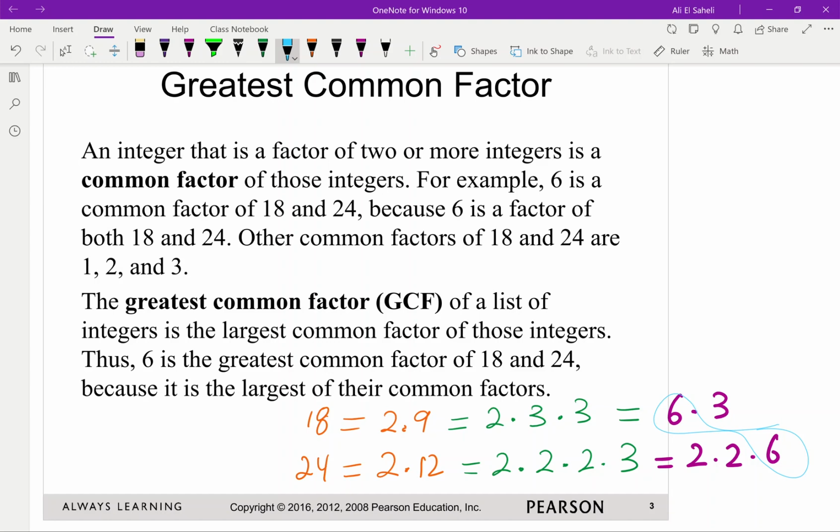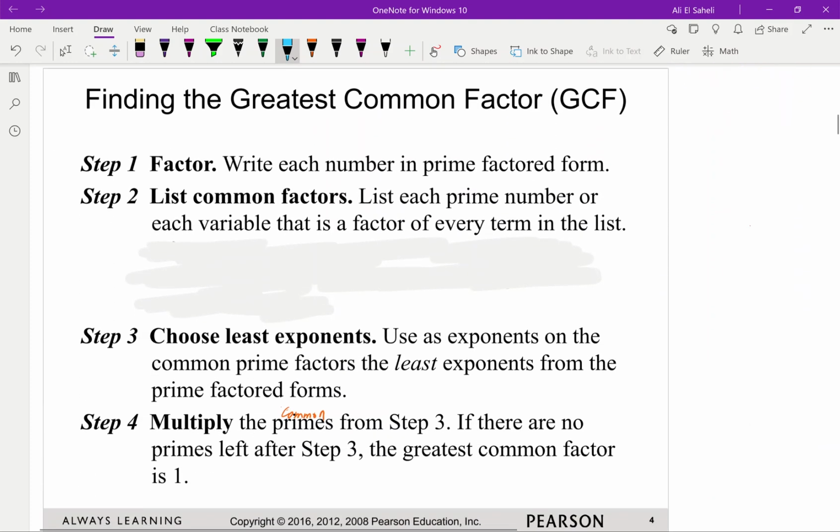Now, what's the trick? What's the procedure to find that out? Finding the greatest common factor. Factor each number in prime factored form.